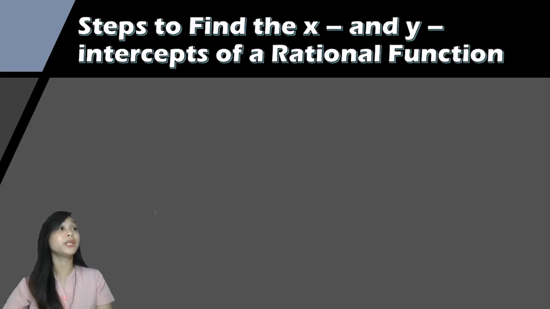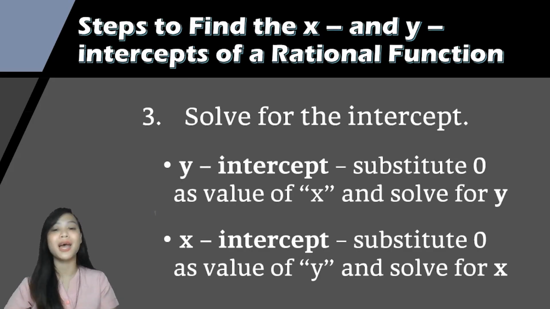The third step is to solve for the intercepts. For the y-intercept, substitute 0 as the value of your x, then solve for y. In order to get your y-intercept, you need to substitute 0 for your x values.